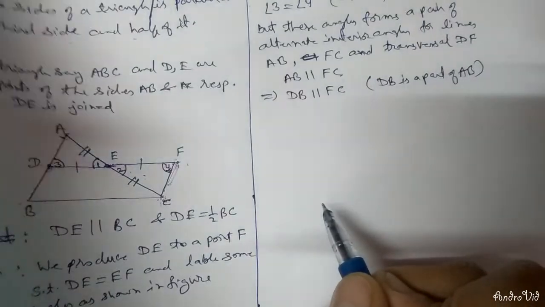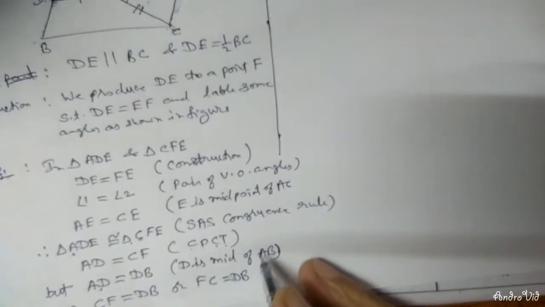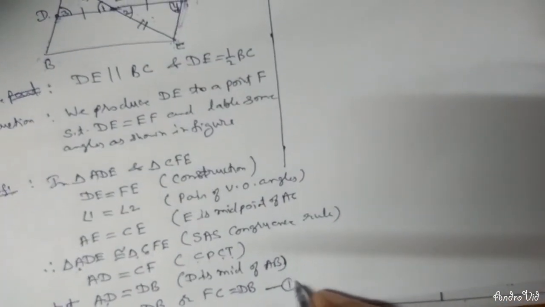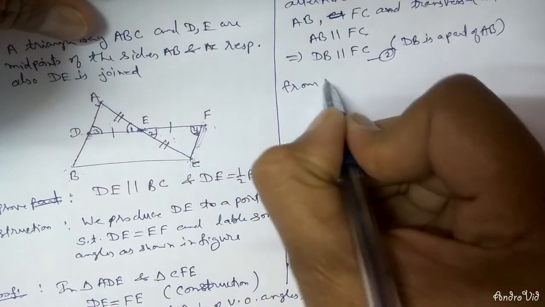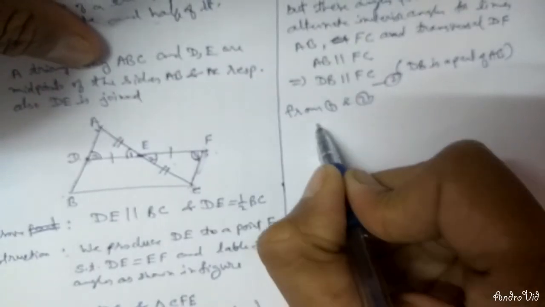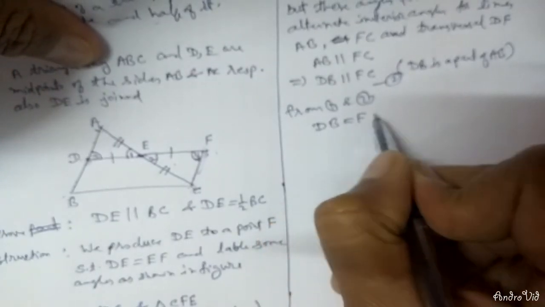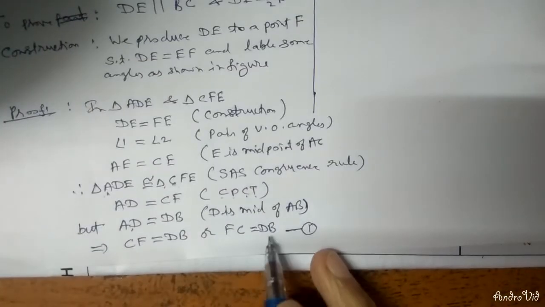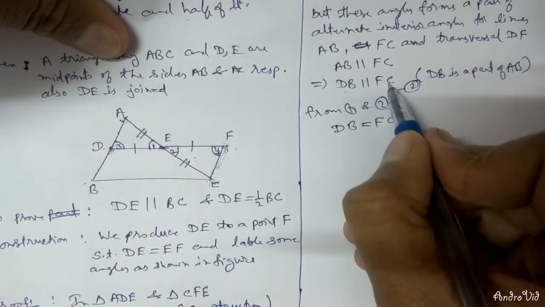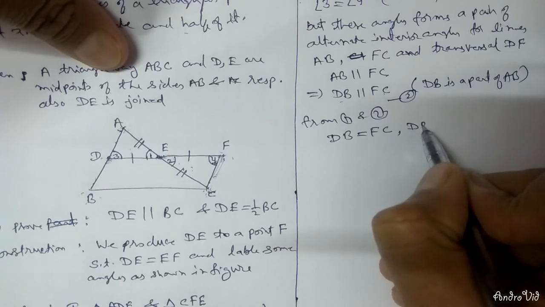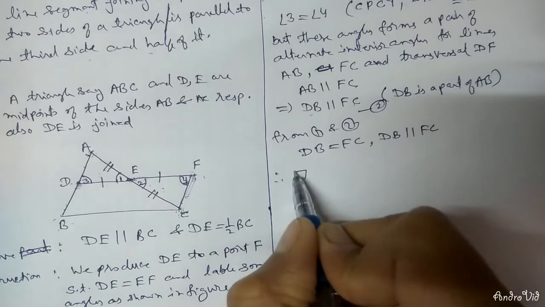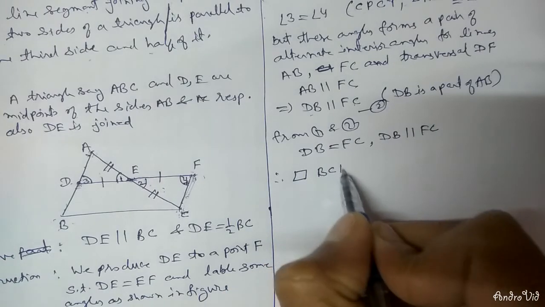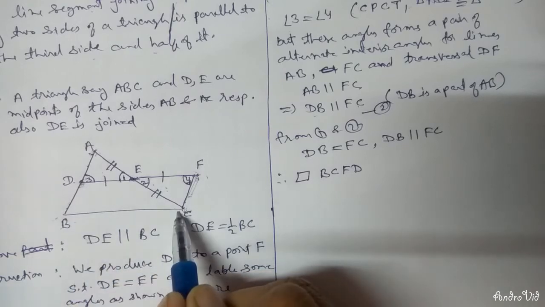Now see, this is statement number 1 and this is statement number 2. From 1 and 2 we have DB is equal to FC, and here DB is parallel to FC. Therefore quadrilateral BCFD.